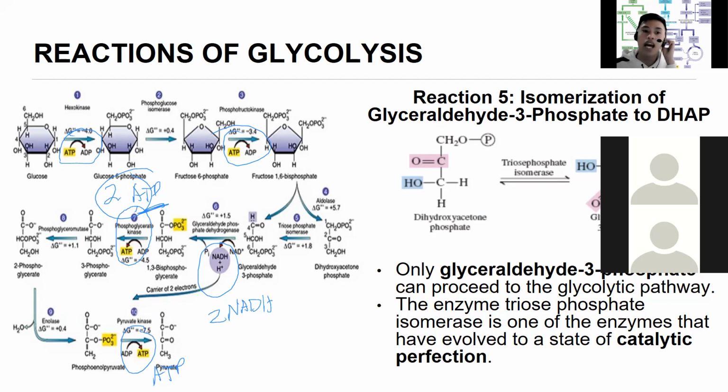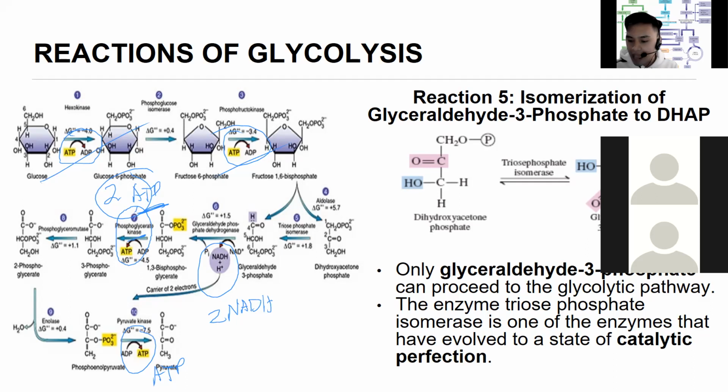Initially, you invested 2 ATP. At step 7, you are able to produce 2 ATP molecules. So you already broke even on the ATP that you invested in steps 1 and 3. Do you follow?